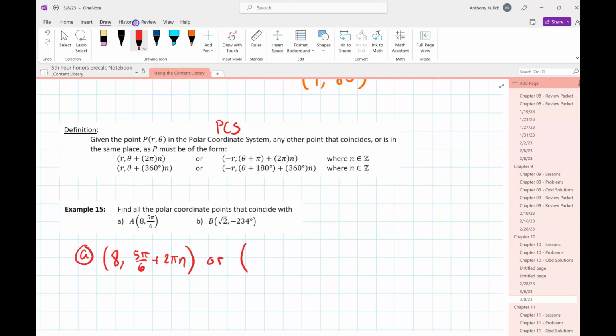Or you can have the stuff that's different. And then if I do 5 pi over 6 plus 180, that gives me 17 pi over 6. Or I'm sorry, 11 pi over 6. Everybody's okay with that? And then everything coterminal to that.